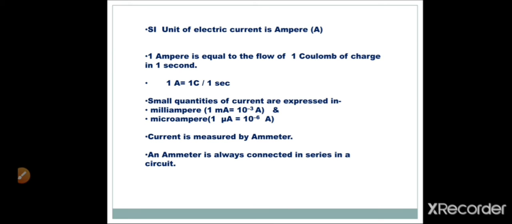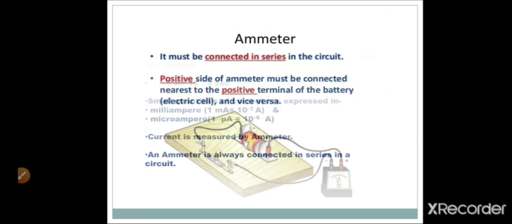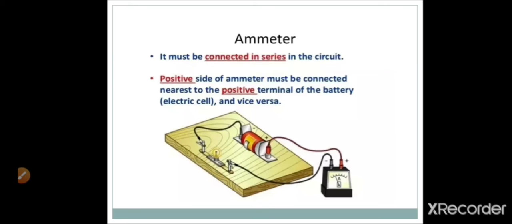Current is measured by a device called ammeter. An ammeter is always connected in series in a circuit where we want to measure the flow of current. Here the picture of an ammeter is given, connected in series in the circuit.